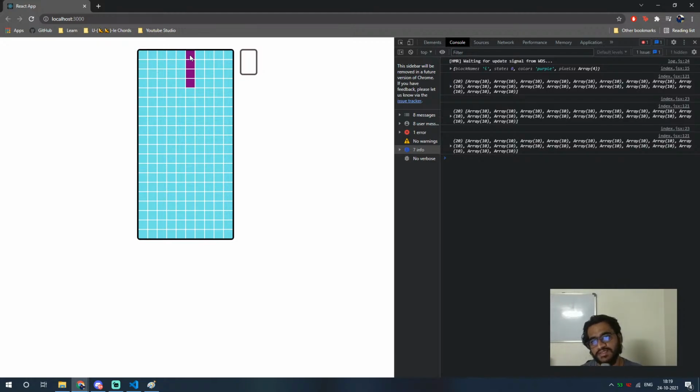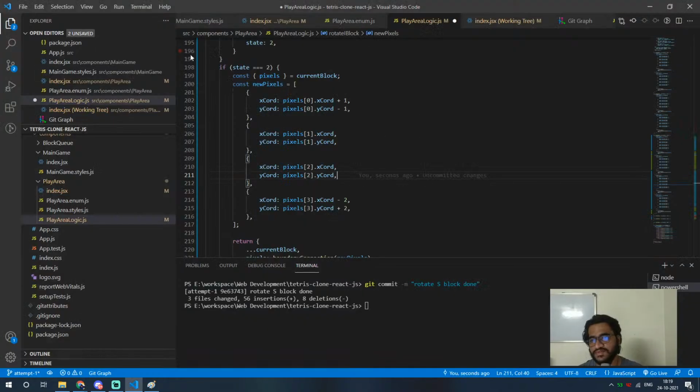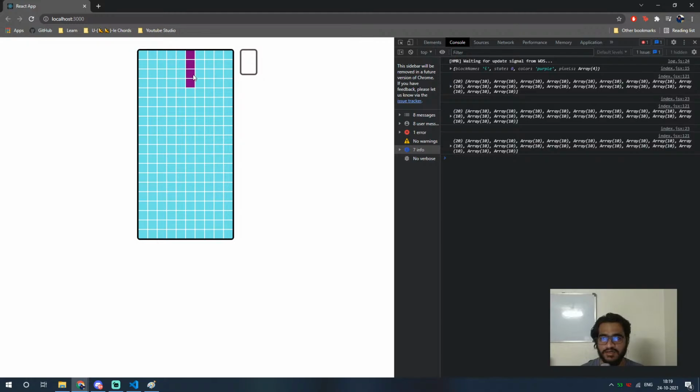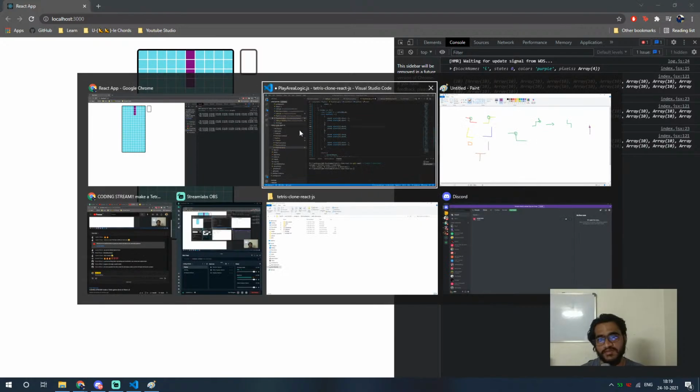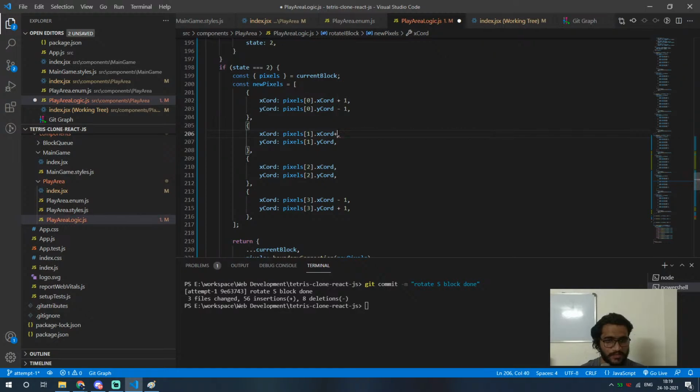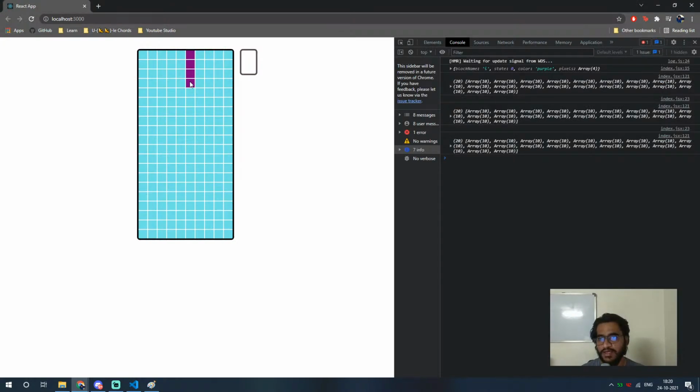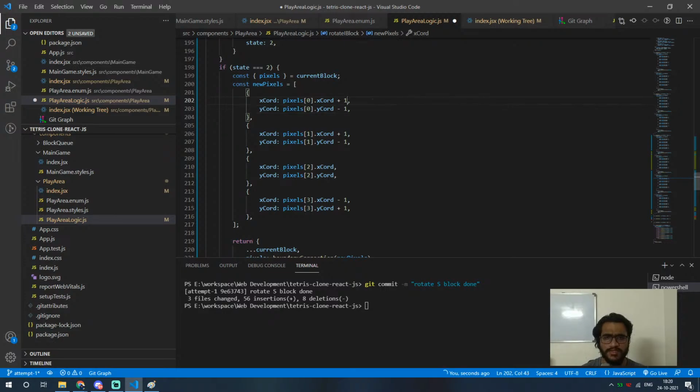Now keeping that in mind, how would the rotation be? 4th would be plus y, plus 1, x minus 1, y plus 1, x minus 1, and second would be x plus 2, x plus 1, y minus 1, x plus 1, y minus 1, and the first would be x minus 2, x plus 2, y minus 2.